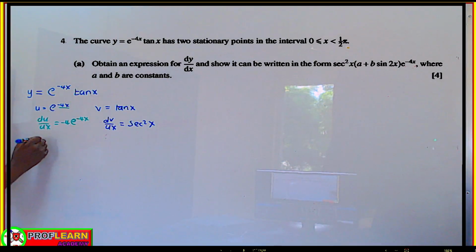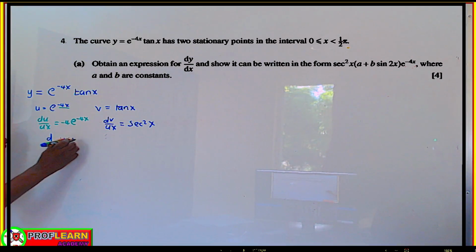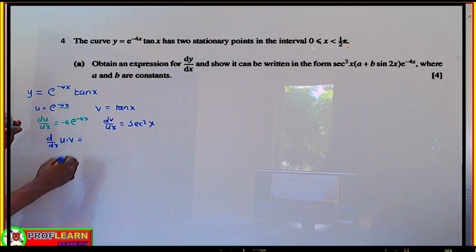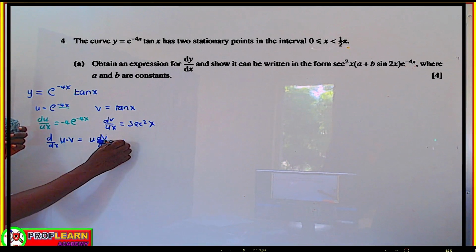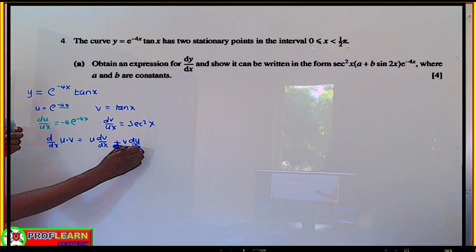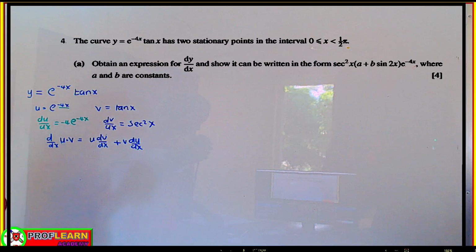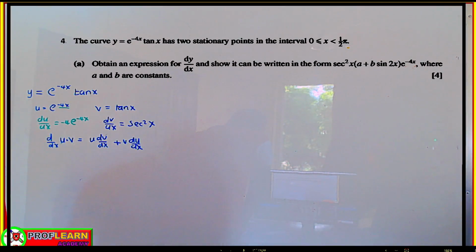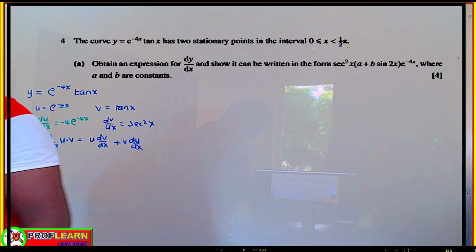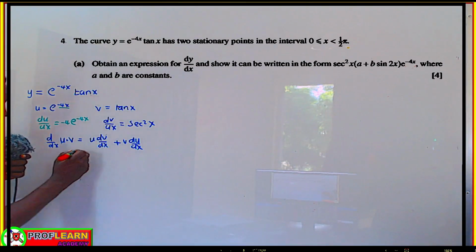Now, product rule states that if you have two functions multiplied together, like for instance u multiplied by v, then the answer to this is going to be u dv/dx plus v du/dx. So we can substitute what we have here, because already we have done the big part of differentiating.